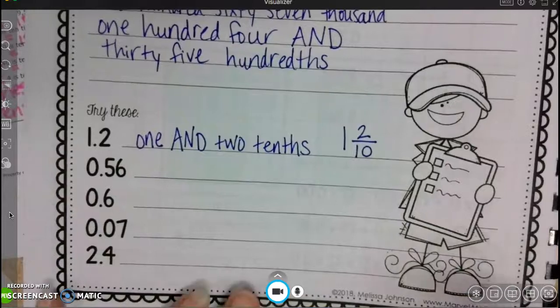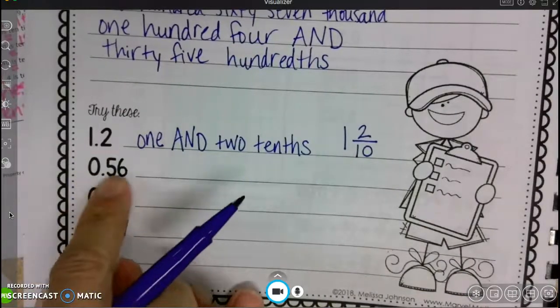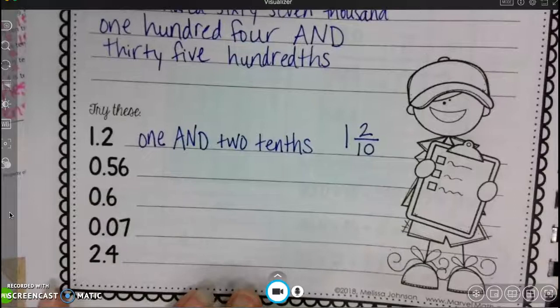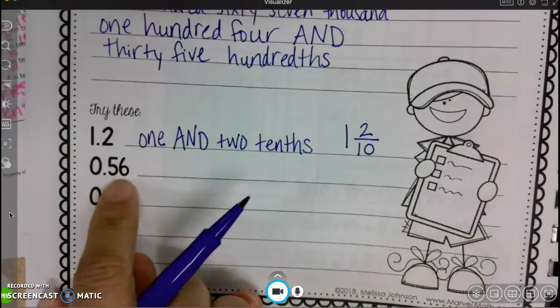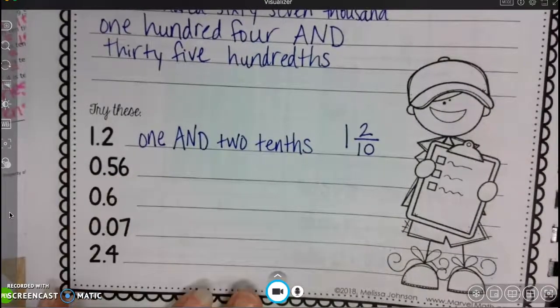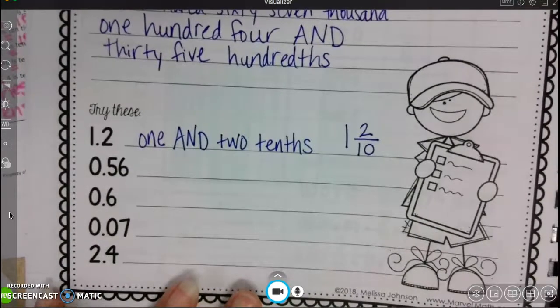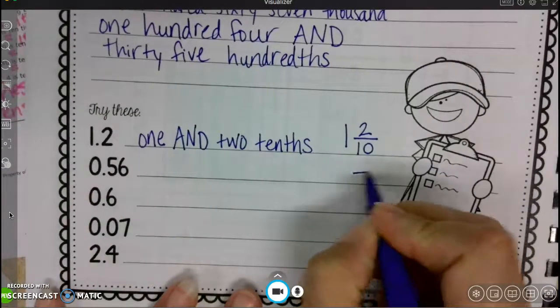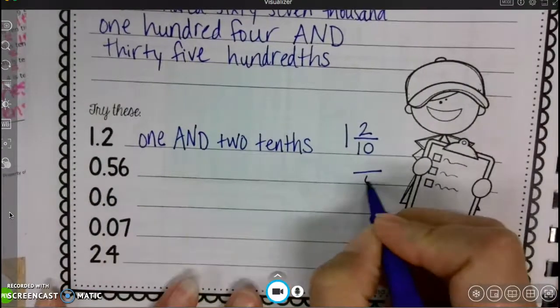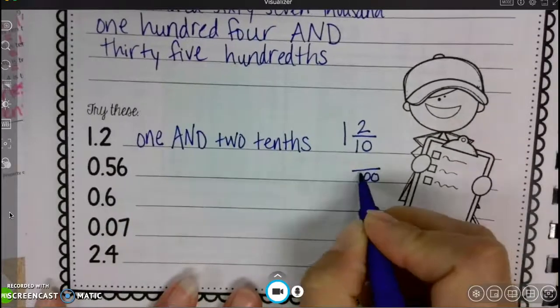Let's look at the next one. So I have 0.56. How many places do I have to the right of my decimal? 2 places. So what do you think my denominator is going to be? 100. Very good. Just like there are 2 decimal places, I'm going to have 2 zeros on my denominator. It's going to be 100.